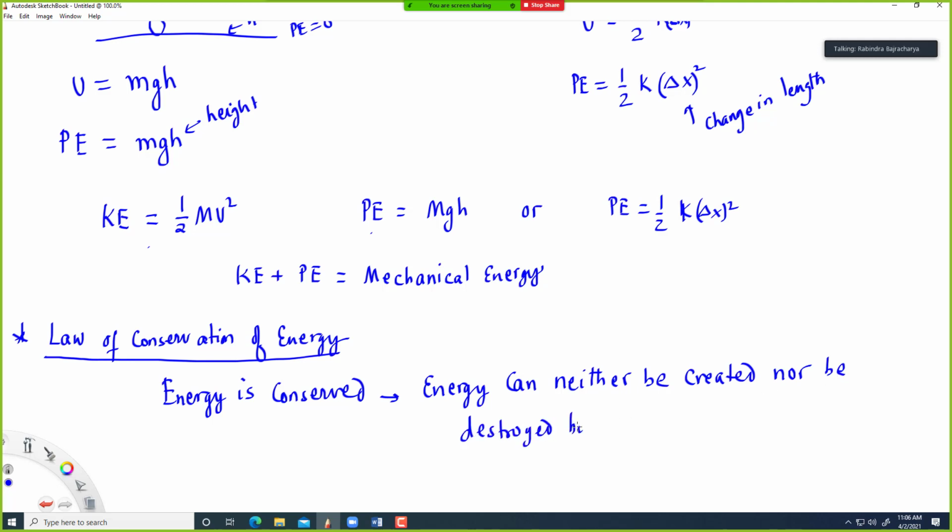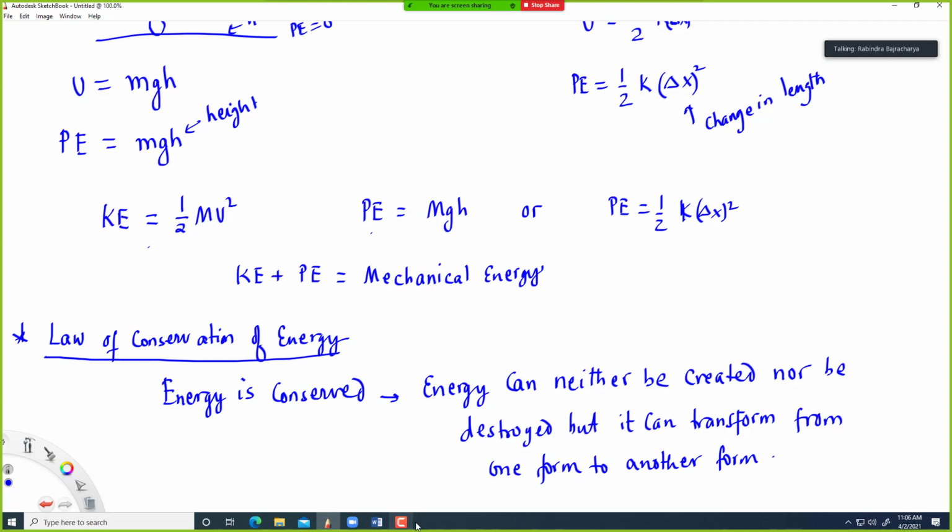But it can transform from one form to another form. Okay.